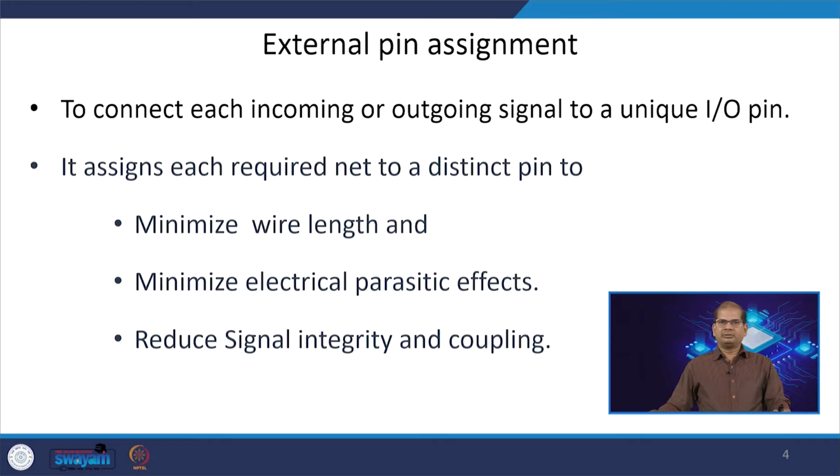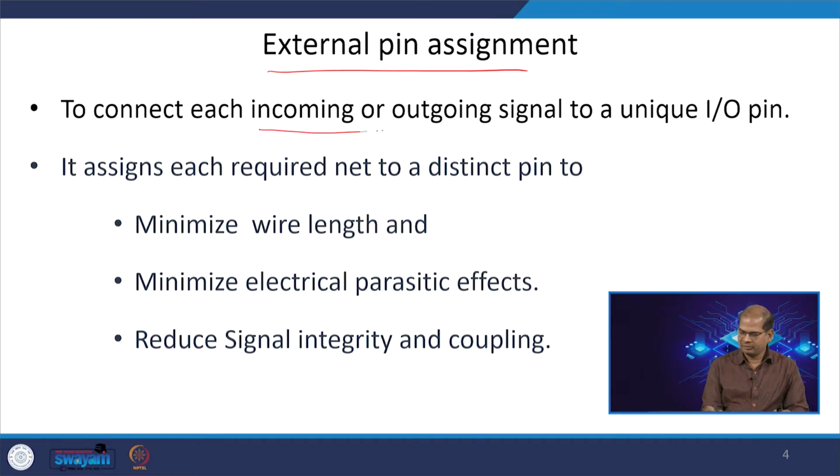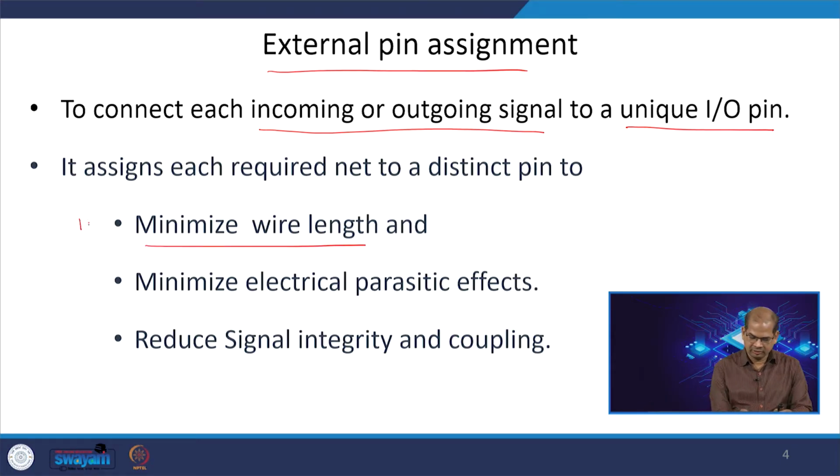There are two types of pin assignment. One is called external pin assignment and the second one is called internal pin assignment. First of all, we will discuss external pin assignment. In external pin assignment, we connect each incoming and outgoing signal to a unique IO pin. Whenever we do this kind of assignment, our first goal is to minimize the wire length.